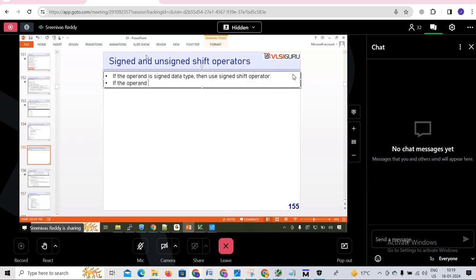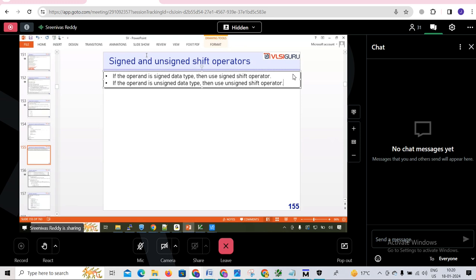If the operand is unsigned data type, then use unsigned. It will be wrong to use it the other way. You should not violate this.